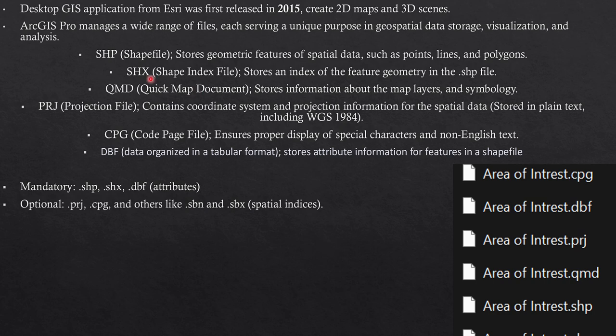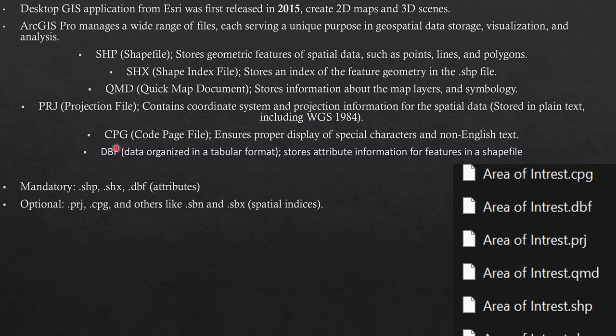One is the SHX file, the shape index file, which stores the geometry of the shapefile, and the other is the QMD, quick map document, which stores the map layers and symbology. Another file is the PRJ projection file, which stores the exact location of the data, which is in WGS 1984, World Geodetic System.